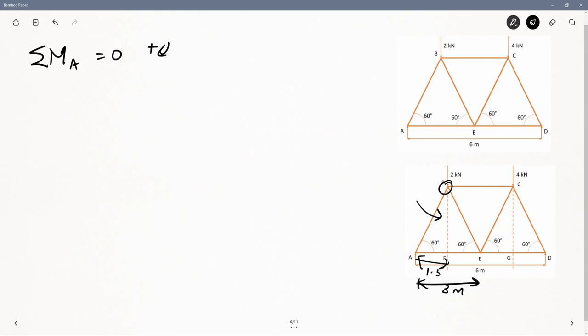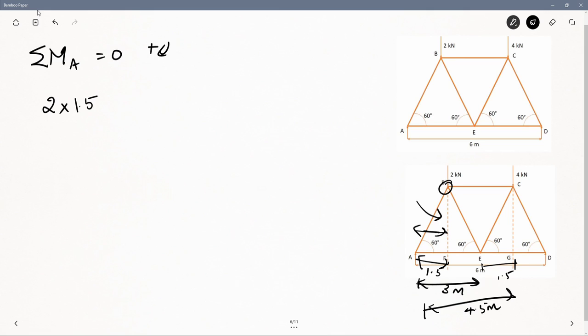I do the same with the second equilateral triangle also, where my half distance would be 1.5 and the total distance would be 4.5 meters. So to write the moment equation, I first have this external force at B, which is 2 kilonewton at a distance 1.5 from A. So that would be 2 into 1.5.